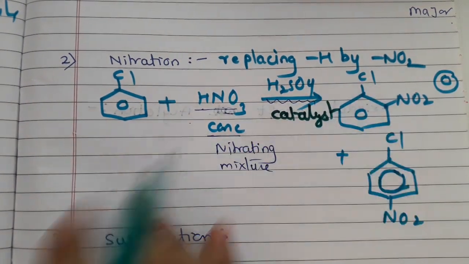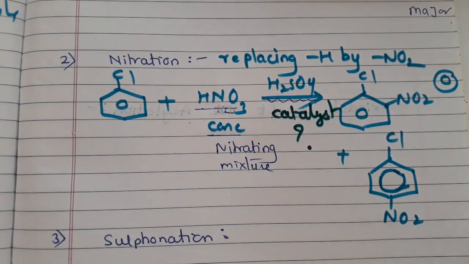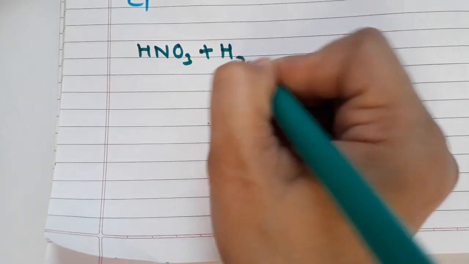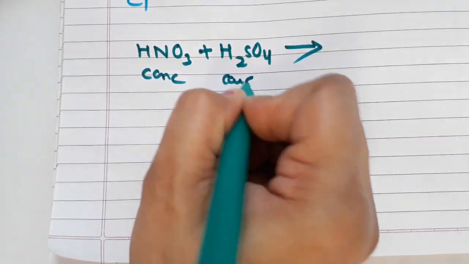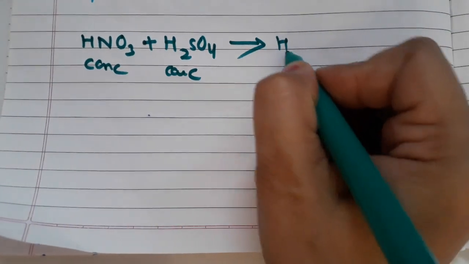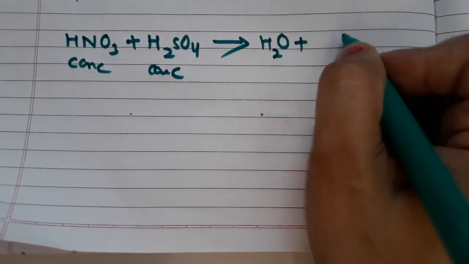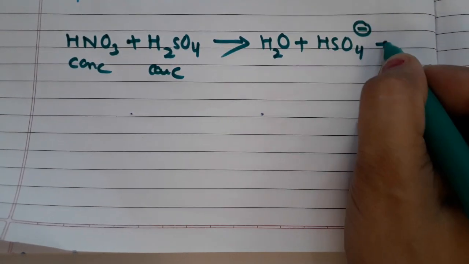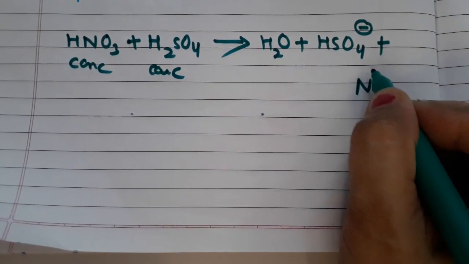H2SO4 is acting as catalyst, but how it is acting as catalyst, let me explain that. So we will take the nitrating mixture HNO3 plus H2SO4. Fine, both are concentrated. Now what happens is we get water and we get HSO4 minus and plus we get NO2.